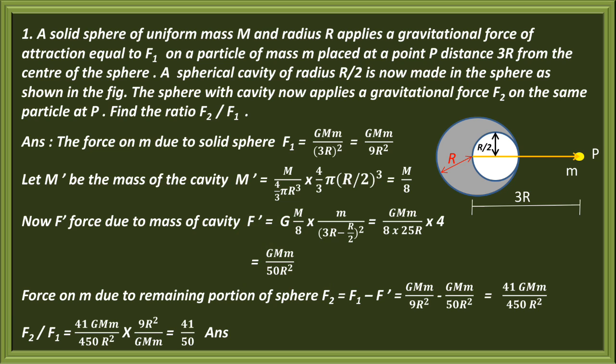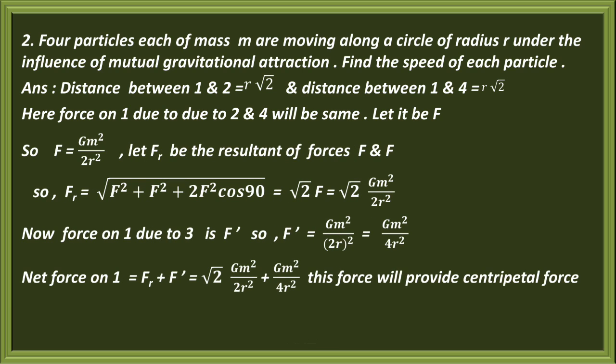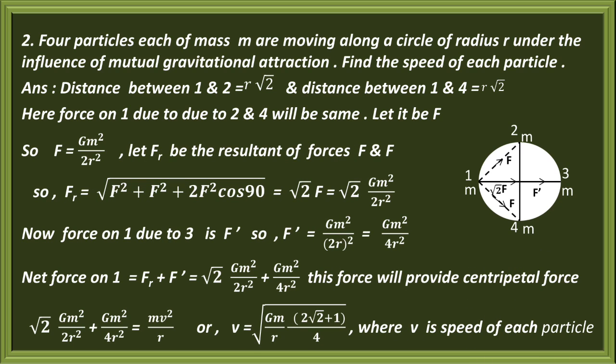Now question number 2. Four particles each of mass m are moving along a circle of radius R under the influence of mutual gravitational attraction. Find the speed of each particle.